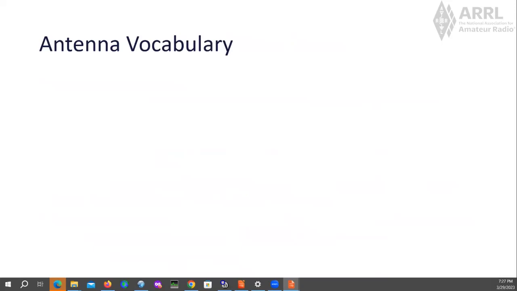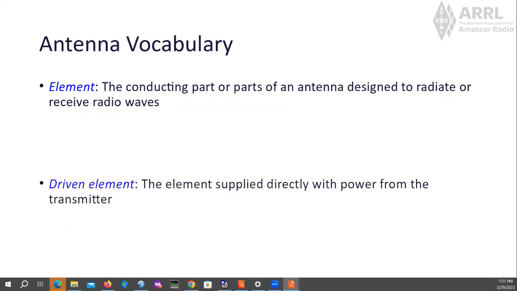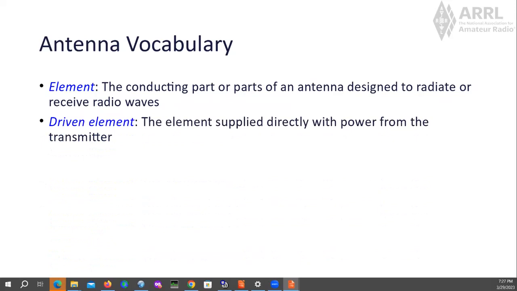Antenna vocabulary. Element. The conducting parts of an antenna designed to radiate or receive radio waves. Driven element. The element supplied directly with power from the transmitter. That's where the coax is connected. Array.